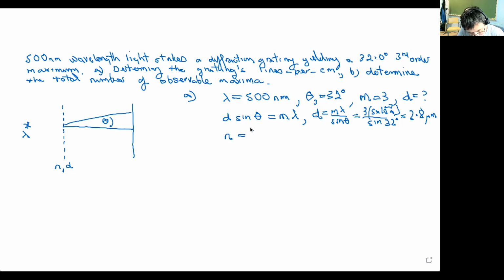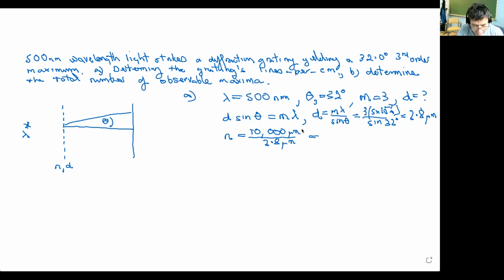So 1 centimeter is actually 10,000 micrometers. And we're going to divide that by the distance between a pair of lines, that's 2.8 micrometers.